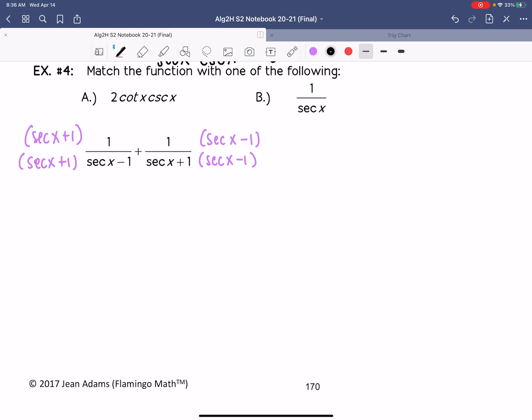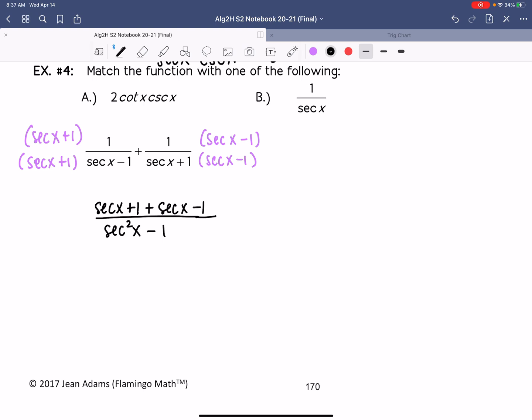Okay, so we're going to multiply together my denominators. So again, when I get this common denominator, these are conjugates. So I'm doing secant x times secant x, which gives me secant squared x. And then I get 1 times -1 is just -1. So now my denominator is secant squared x minus 1. Numerator, I would have secant x plus 1 plus secant x minus 1.